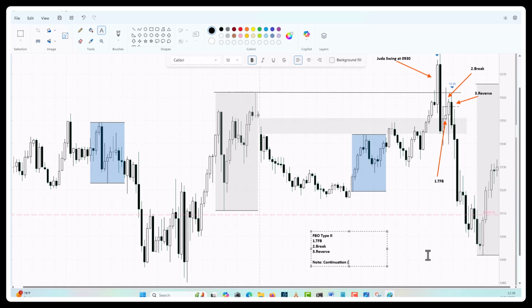We can put a little note here. Basically, it's a reversal in the sense that it ends the retracement. So you have expansion, retracement, and then boom, expansion. End of retracement.